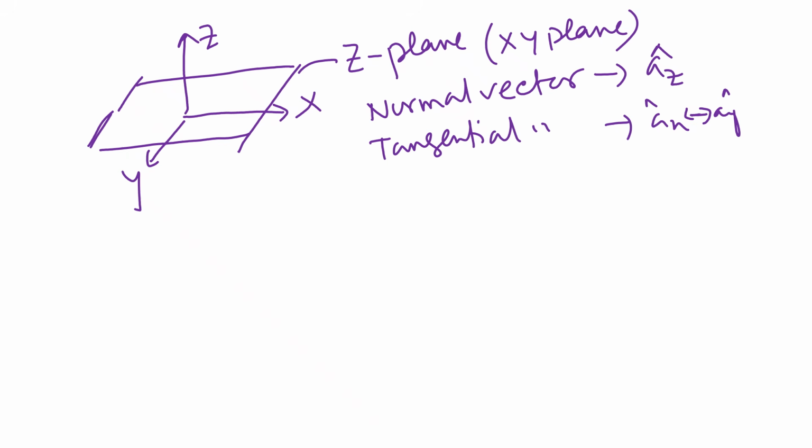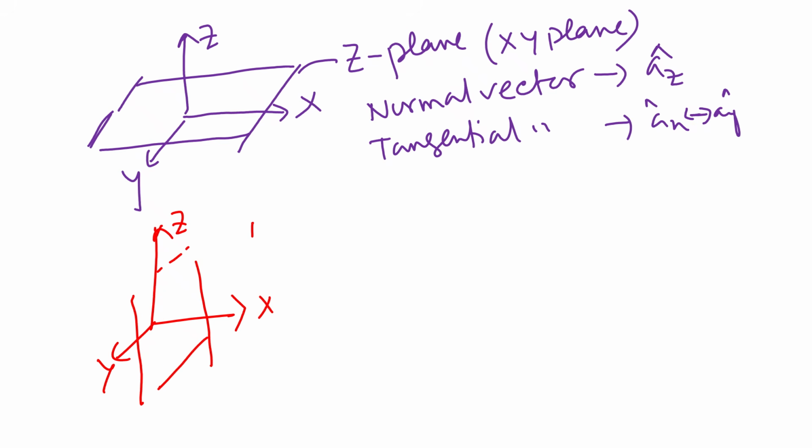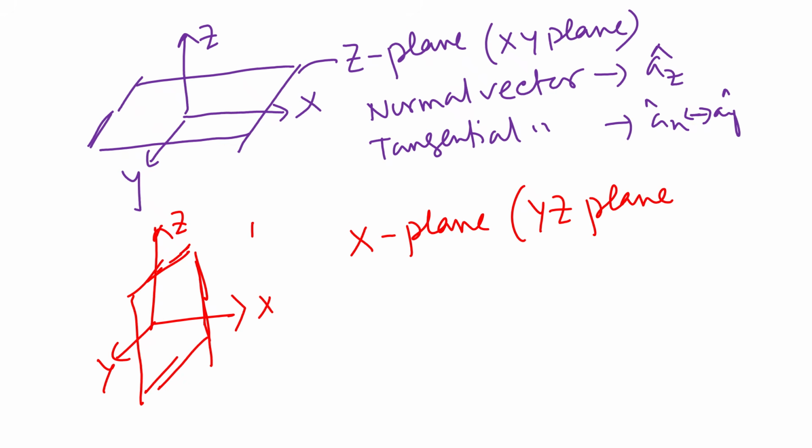Similarly, if the orientation of axis is like this, z, x and y, and if my surface is oriented like this, this kind of orientation is called the x-plane or yz plane.